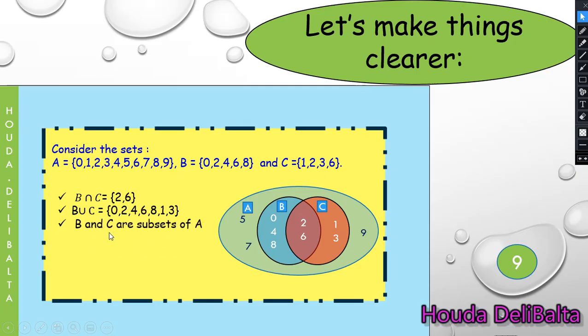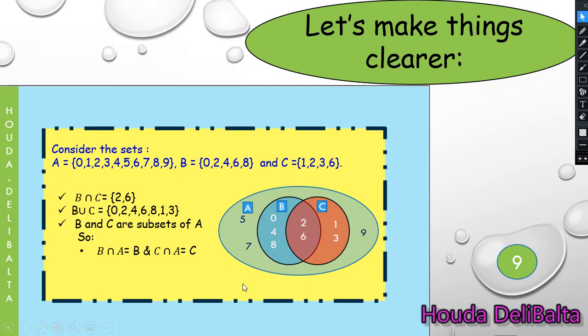Notice that B and C are subsets of A. So we are going to conclude something: B intersection A, notice what is B intersection A? It's B itself.